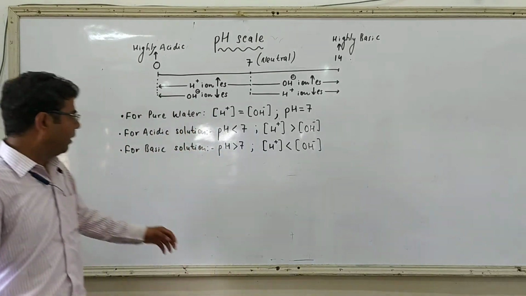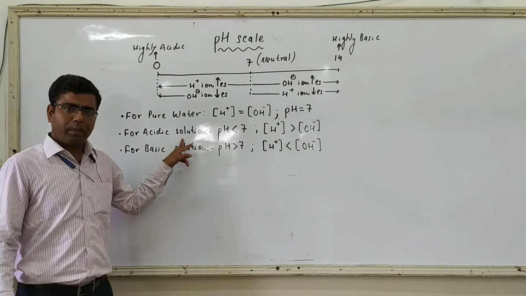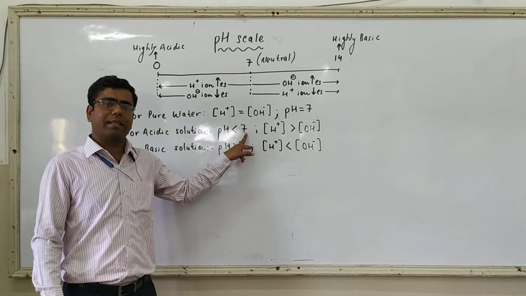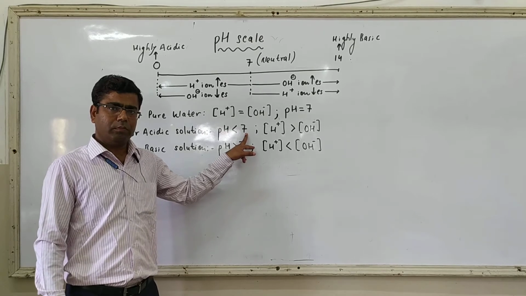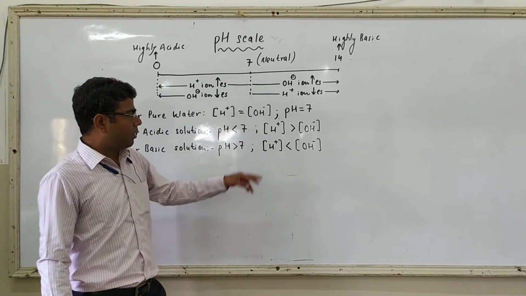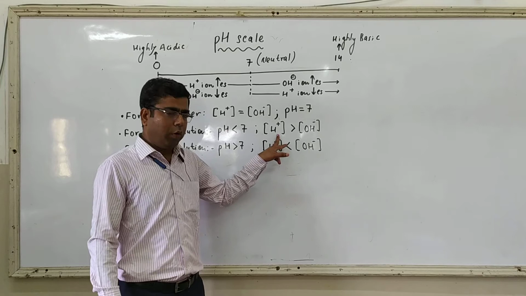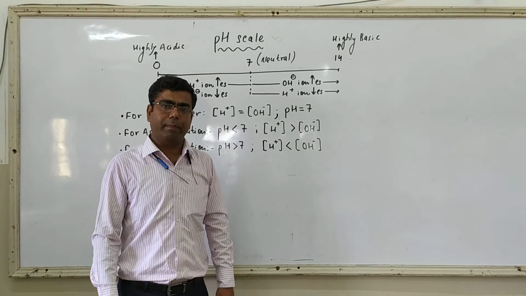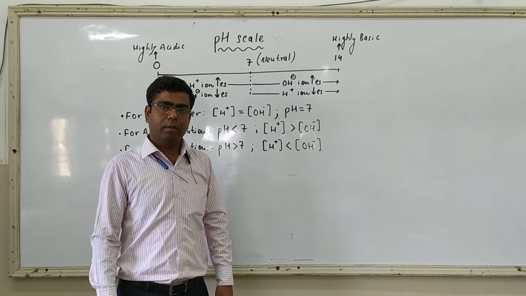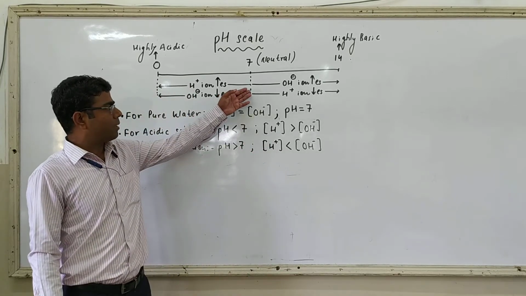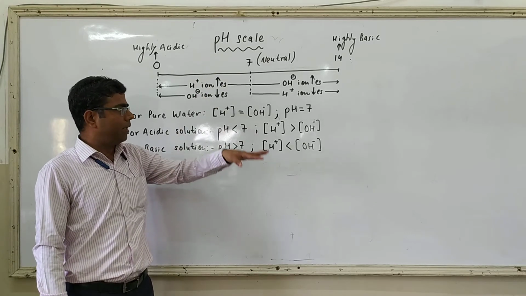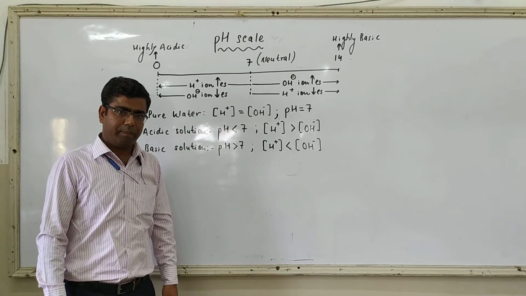So next point here, for acidic solution, where value of pH is always less than 7, the concentration of H plus ion will be greater than the concentration of OH minus ion. So from 7 to 0, H plus ion increases while OH minus ion decreases.